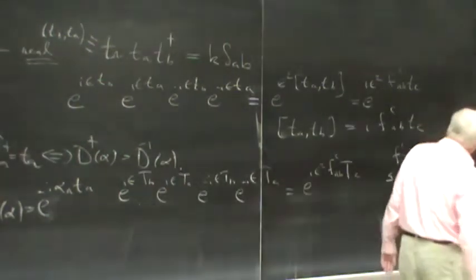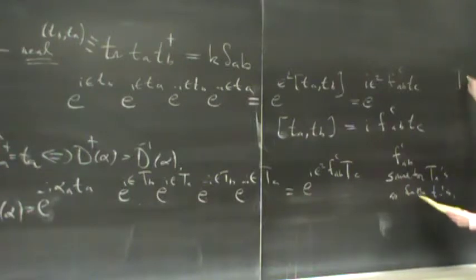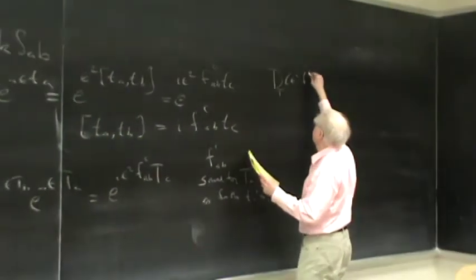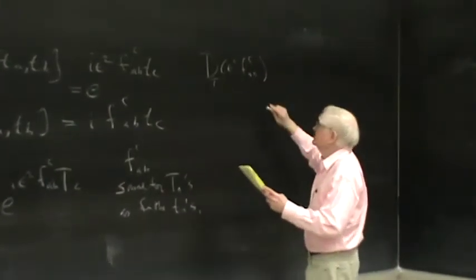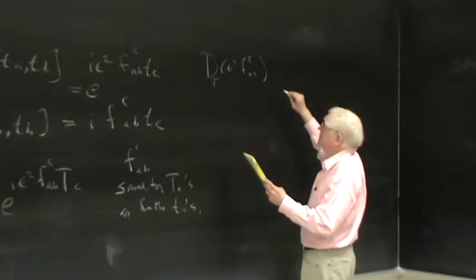So these then are the structure constants, and they're the same because, for example, in the representation big T, epsilon squared f^c_ab has to, well, yeah, right.